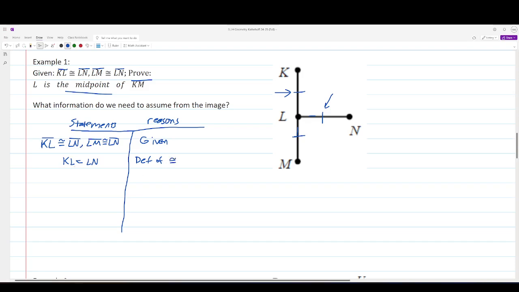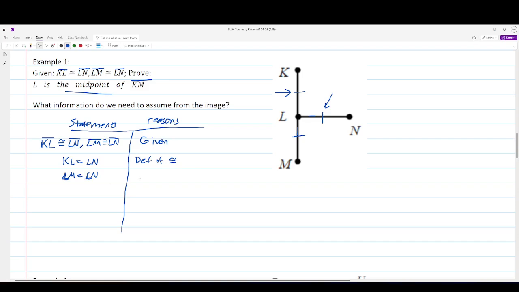So that gave us KL equals LN, and then we'll also use that same definition to say that LM is equal to LN, because we can turn the other congruent statement in the given into an equals.